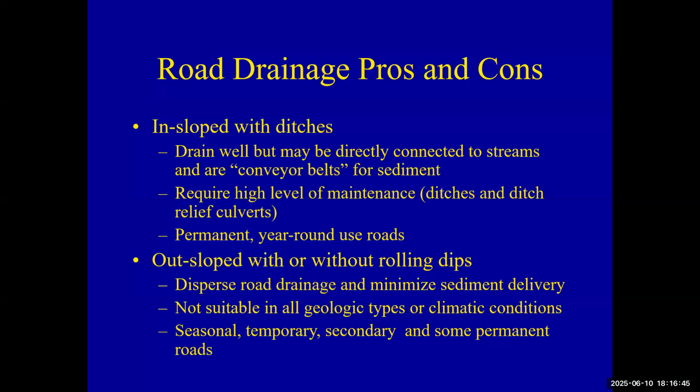They're typically used for seasonal, temporary, secondary, and some permanent roads. Sierra Pacific Industries, for example, has really done a lot in this area of installing outslope roads with rolling dips to try to avoid all the maintenance that's required for insloped roads. Next slide.